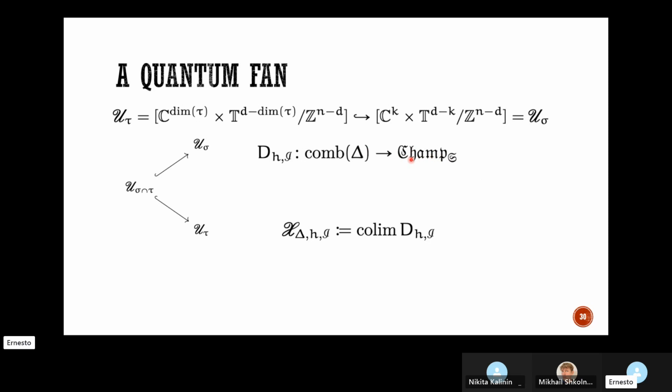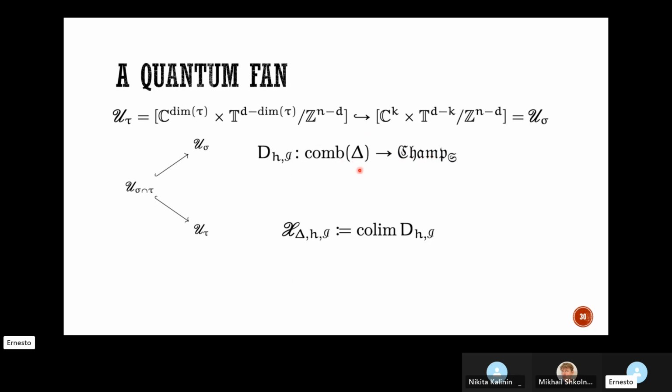But right now this gets increasingly technical, so ignore this thing. That is the action of an abelian complex analytic group. And you just think that it's a functor from the combinatorial category of the fan to the category of stacks.